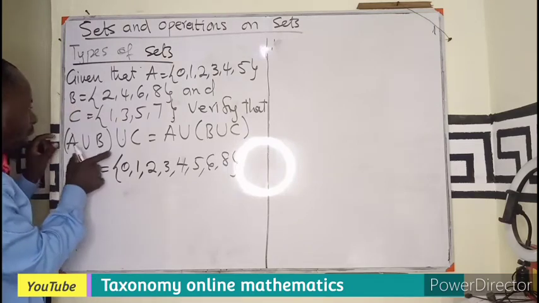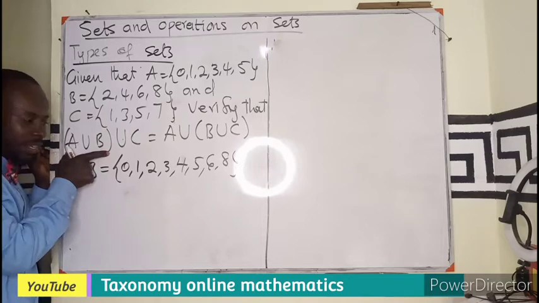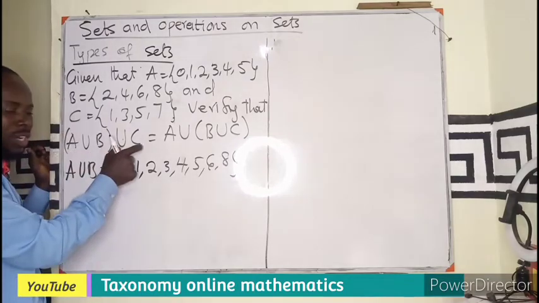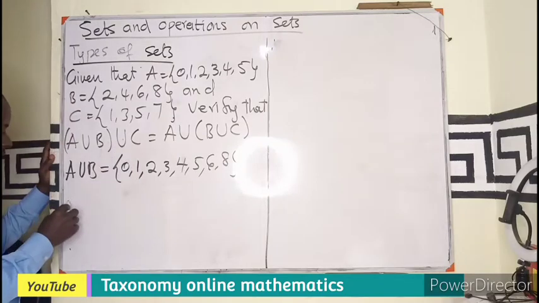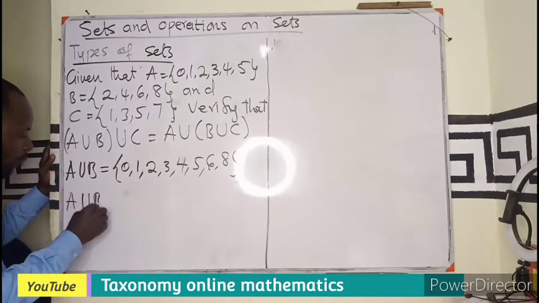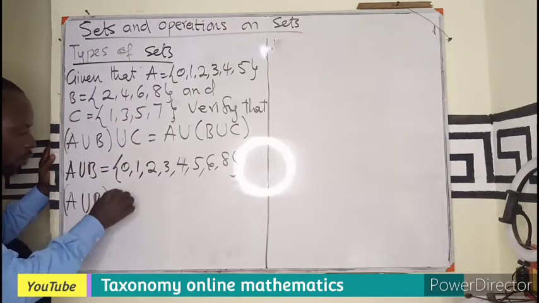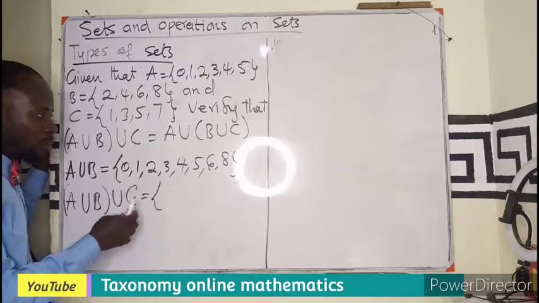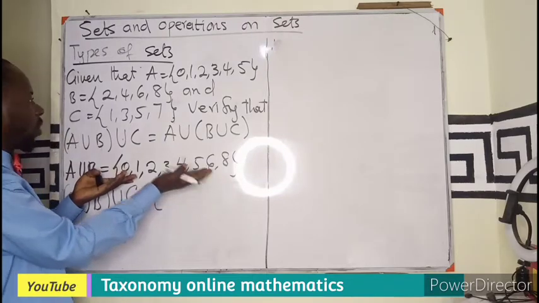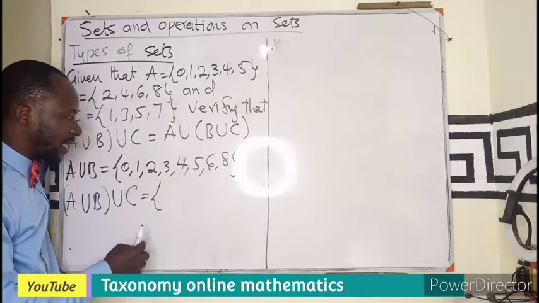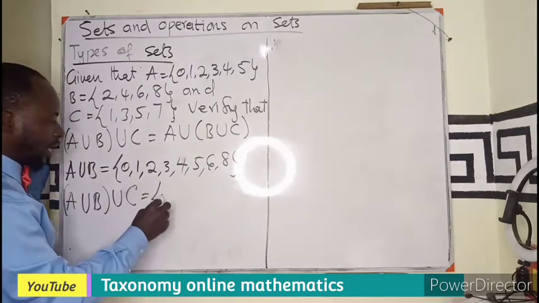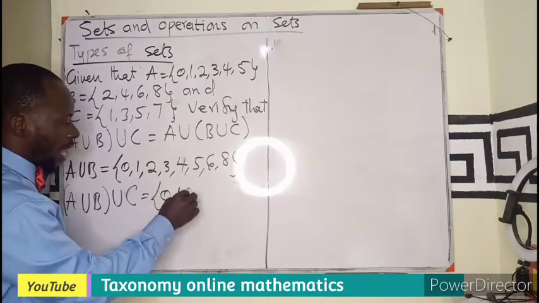So now we are combining this set, which is this union, with the set C. So it becomes A union B in one bracket union C, meaning putting this set together with the set C, writing still in ascending order. I believe the smallest will still be our 0, 1.